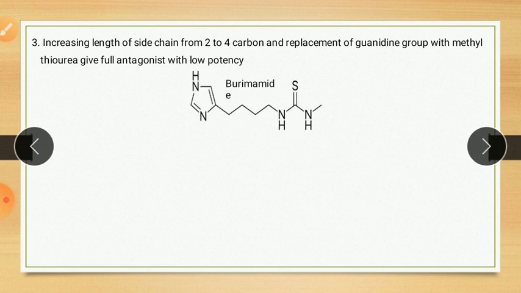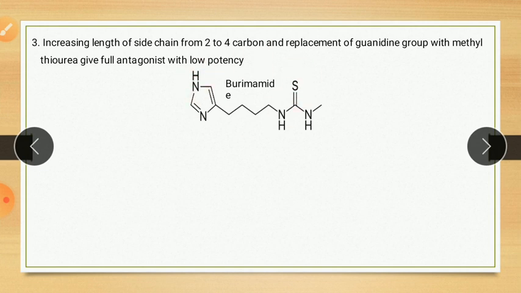So here two changes are made in histamine. There is a change in the length. In case of histamine there are 2 carbons, but here there are 4 carbons. And second change, the guanidine group is replaced by methyl thiourea. So it is a methyl thiourea group. So it gives a new drug called burimamide.